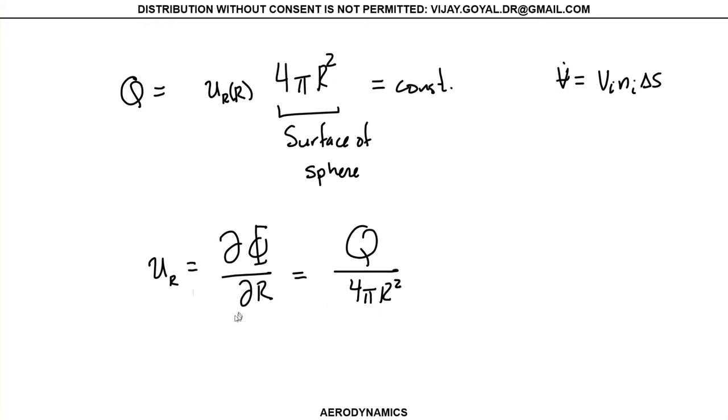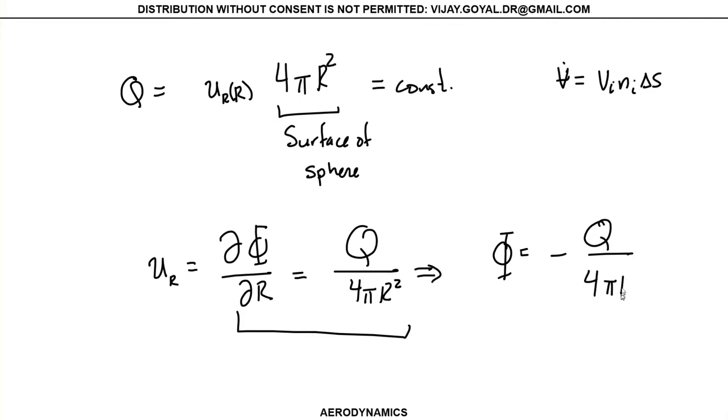So from here, if I compare this and I integrate both sides, then you can show that your potential, the source potential, would be nothing else than minus Q over 4 pi R plus a constant. Okay, so this is what your source potential will look like.